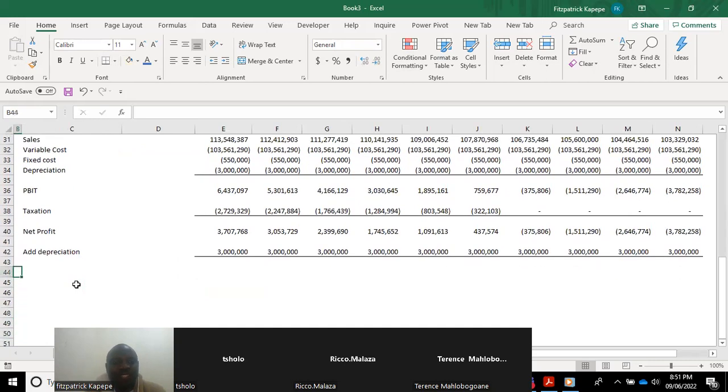You guys will not be doing these things because in your templates, he has already put in formulas and all that. I assume that he has done that, but those formulas are tricky compared to this. So now we go to our cash flows.